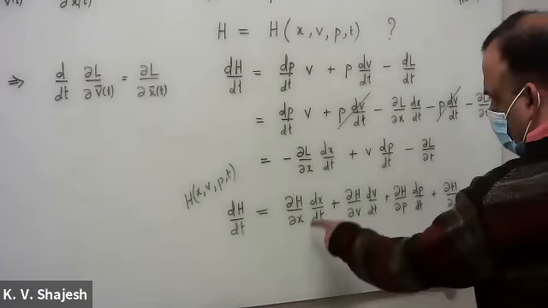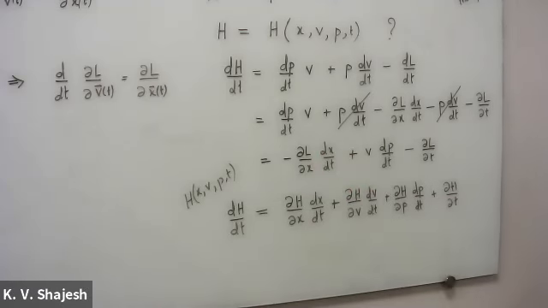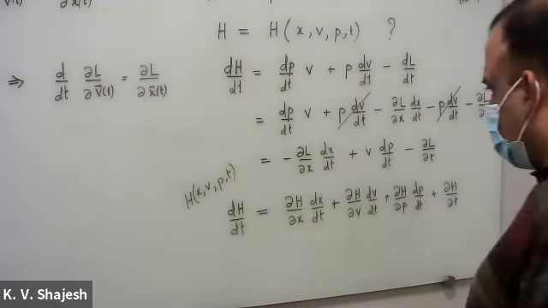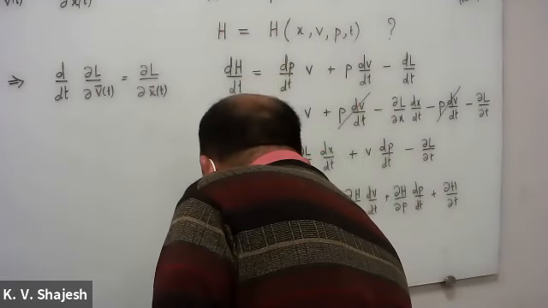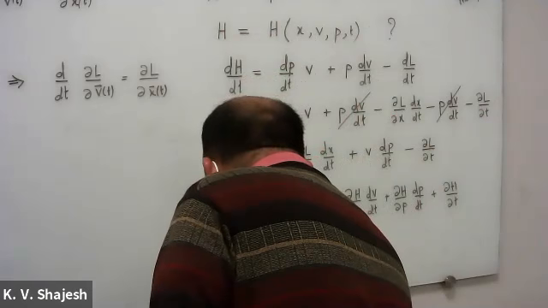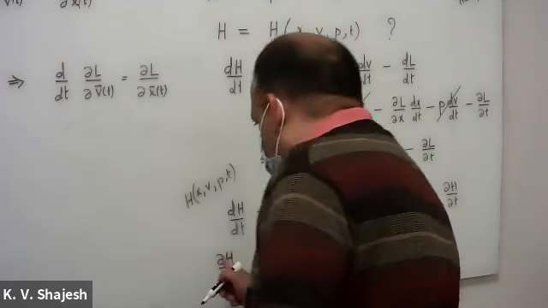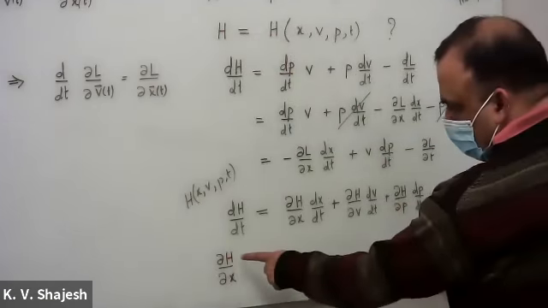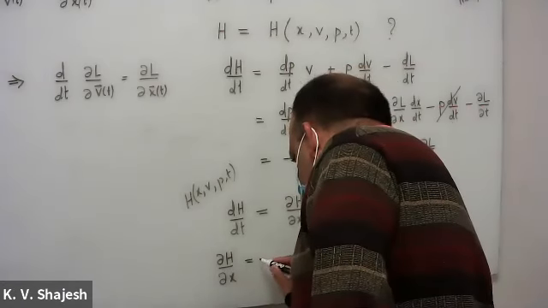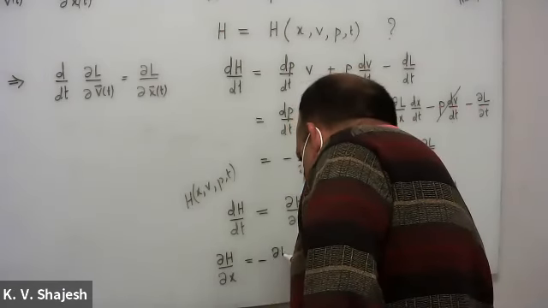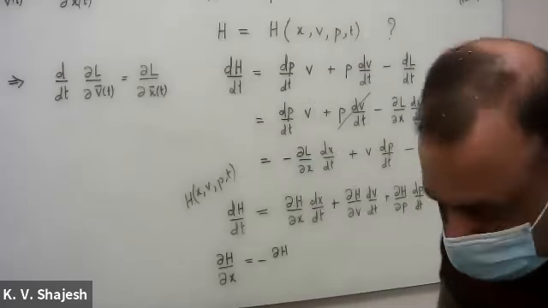But when we compare these two equations here, what we learn is that whatever we say is the Hamiltonian has a feature that the position dependence in the Hamiltonian is exactly the negative of the position dependence in the Lagrangian.